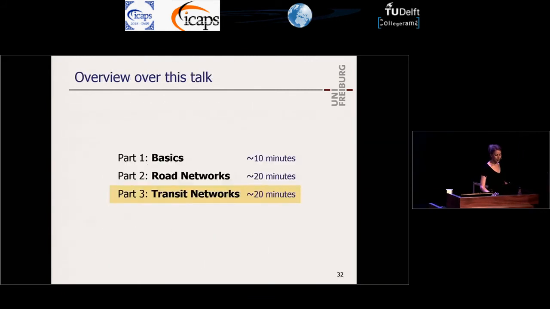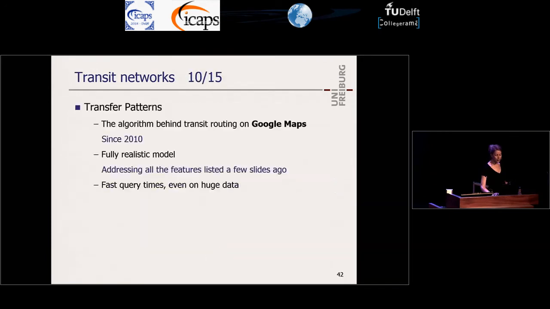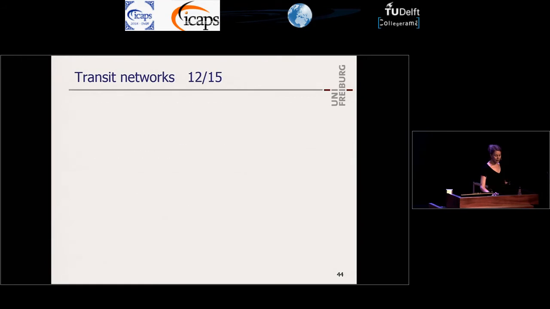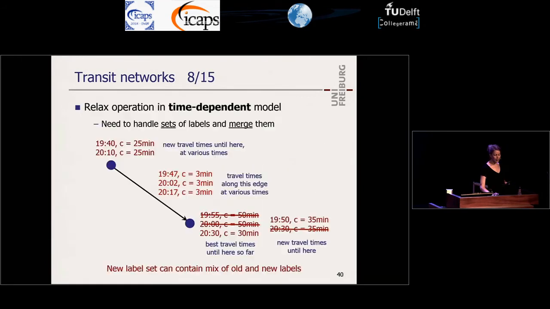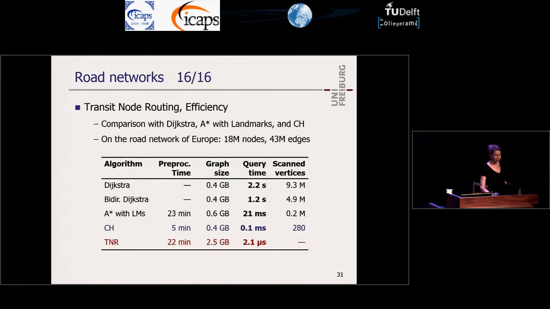Yeah, that's a very good question. So the question was whether I have to redo the computation. Actually here it's no problem. 5 minutes, contraction hierarchies, you can just do it, unless they build their new stations really fast.